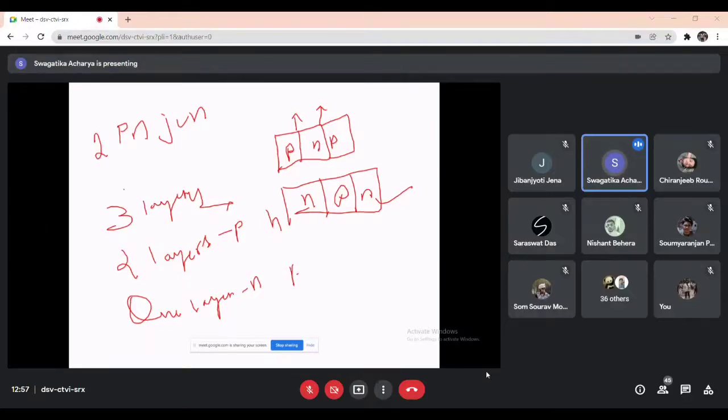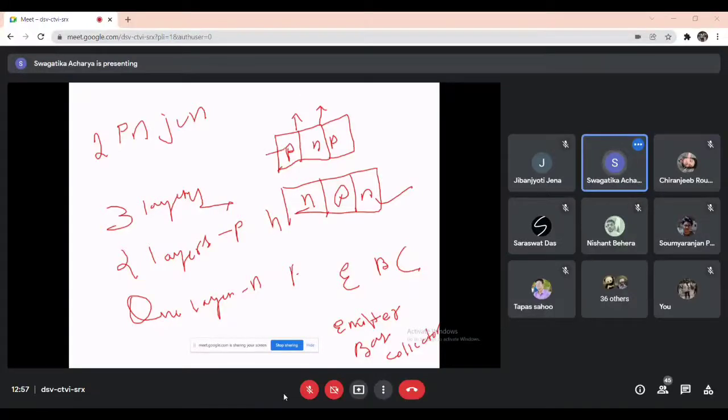Now what are the 3 regions involved? Emitter, base, collector. Right? There are 3 layers, or 3 regions: emitter, base and collector. Hence the 3 terminals are also named according to these regions.